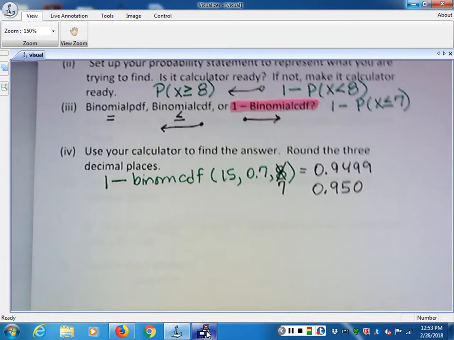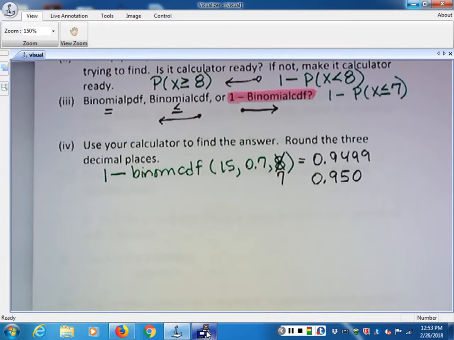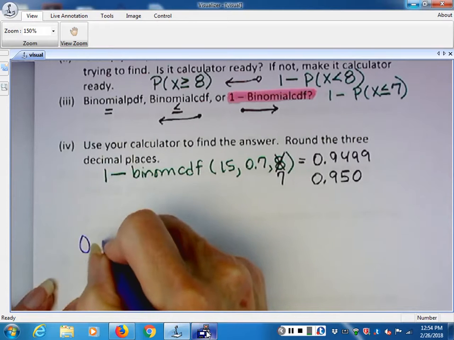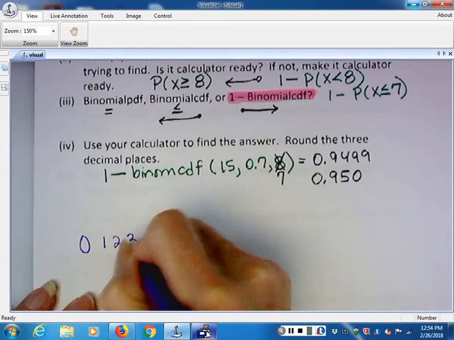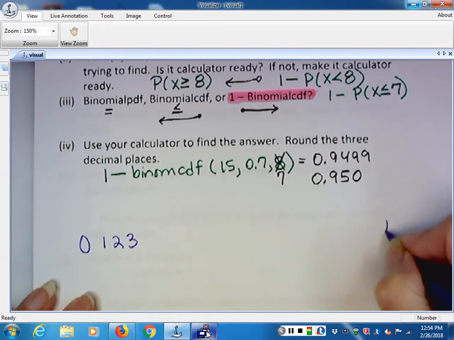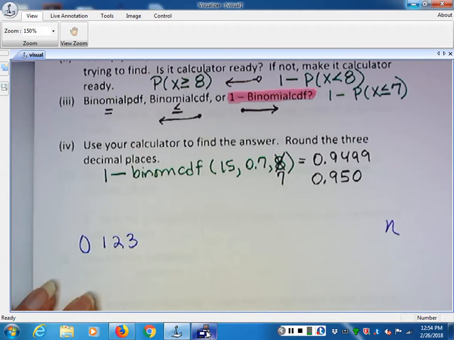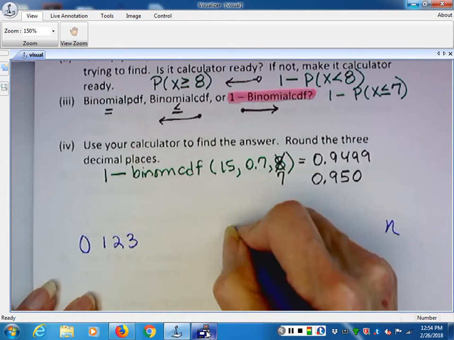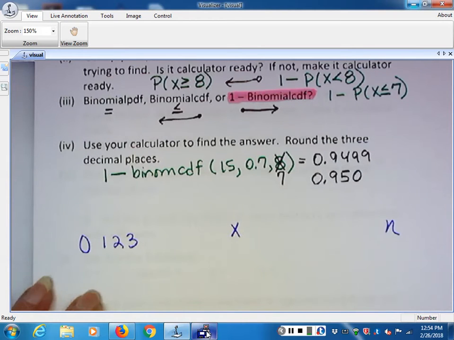Let me see if I can give you another way to get, because this is the part that's the hardest to figure out. You always start with 0. You always end with n, whatever the number of trials is. Somewhere in between there, there's going to be an x. Okay?